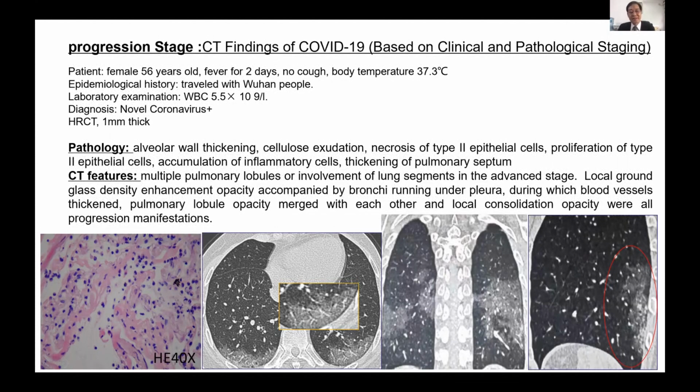Primary lobules of CT are fused with each other, and local consolidation of CT are progression manifestations. The pathology manifestation shows alveolar septum thickening, cellulose activation, necrosis and proliferation of type 2 epithelial cells, accumulation of inflammatory cells, and thickening of the alveolar septum.